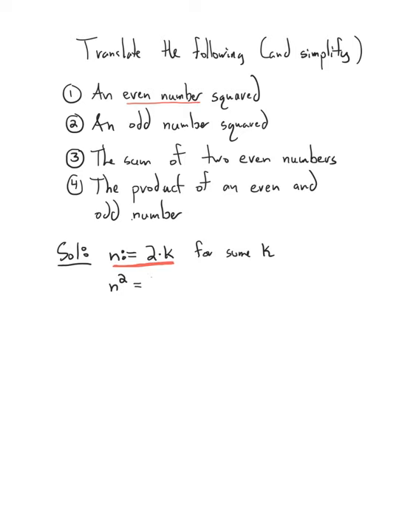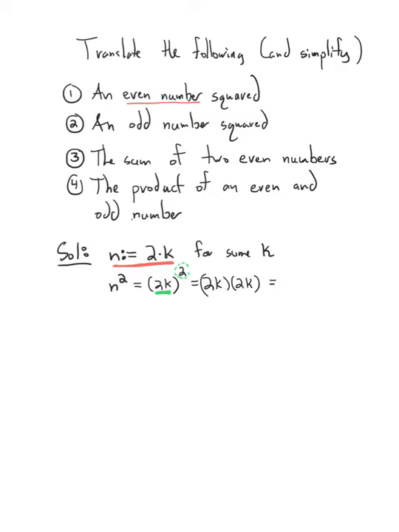We know n is 2 times k, so this is going to be (2k) squared. So this is 2k times itself twice. That's what an exponent means. Take what's in the base and multiply it by itself, exponent number of times. We're going to take 2k, multiply by itself twice. So we get 2 times k times 2 times k.